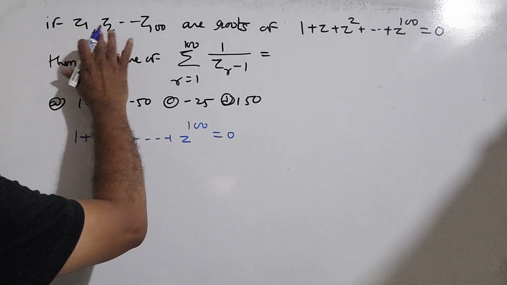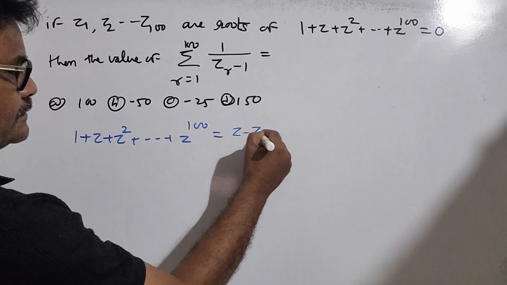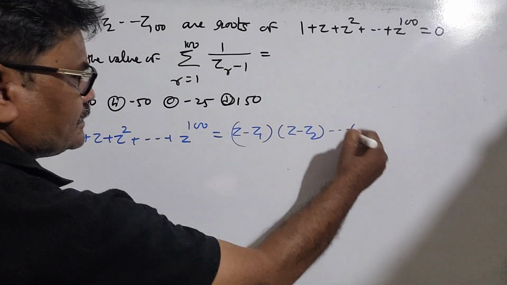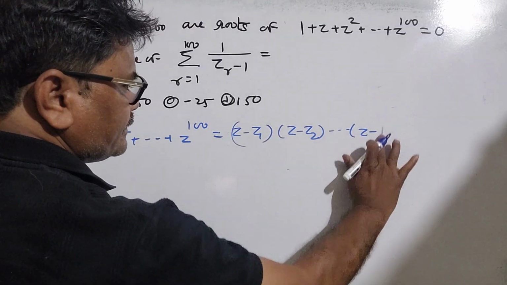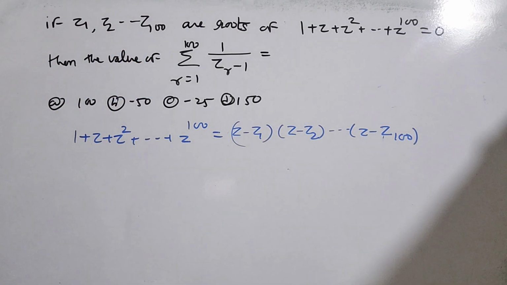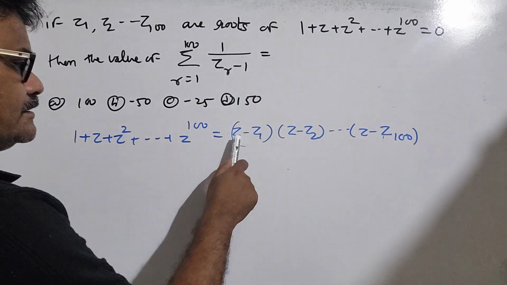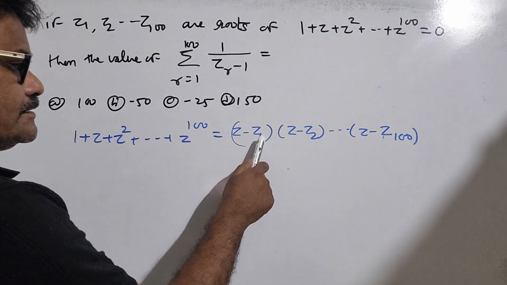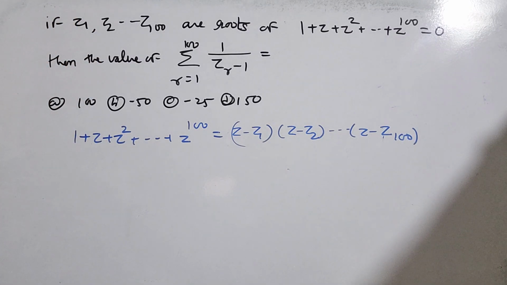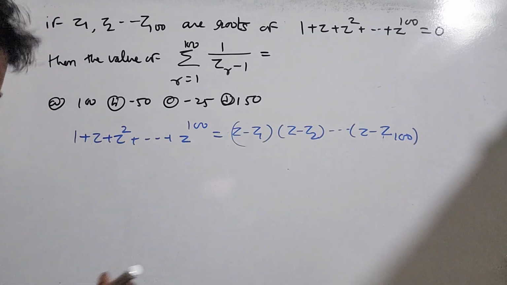Therefore I can write it as (z minus z1)(z minus z2) up to (z minus z100). This is a very fundamental concept.